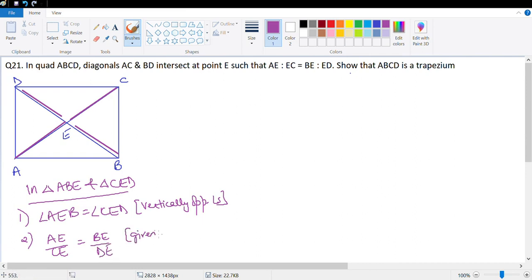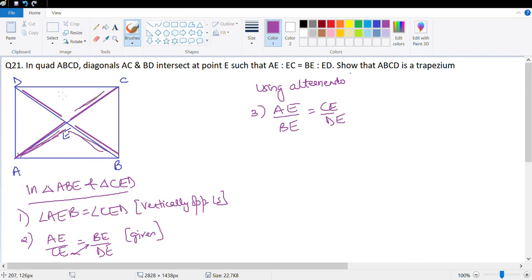If I use alternando with this, what I get is point number 3, AE upon BE is equal to CE upon DE, which means the two sides which include the common angle, in this case the equal angle, are in the same proportion and the included angle is equal.